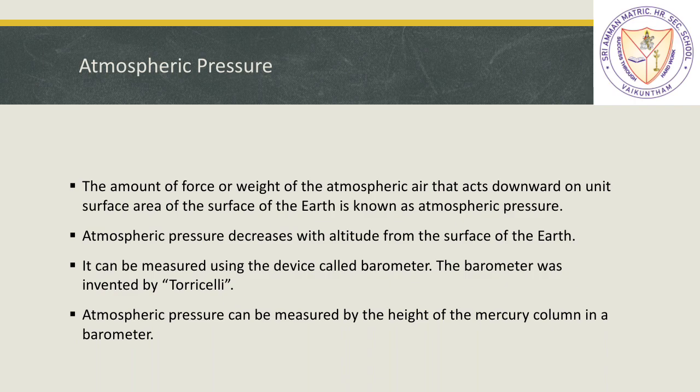Atmospheric pressure can be measured by the height of the mercury column in a barometer. So what exactly does the barometer contain? It contains mercury. Using mercury, we are calculating the atmospheric pressure in the given barometer.